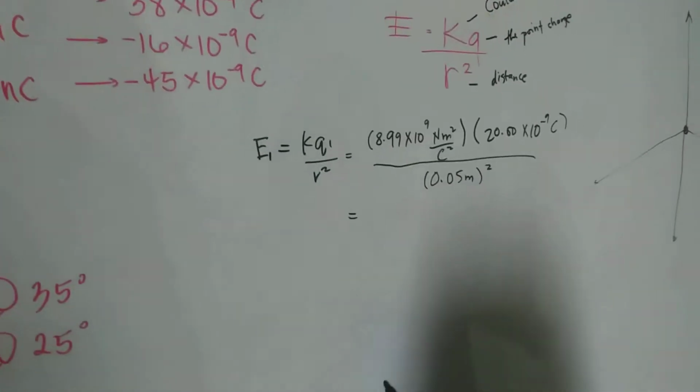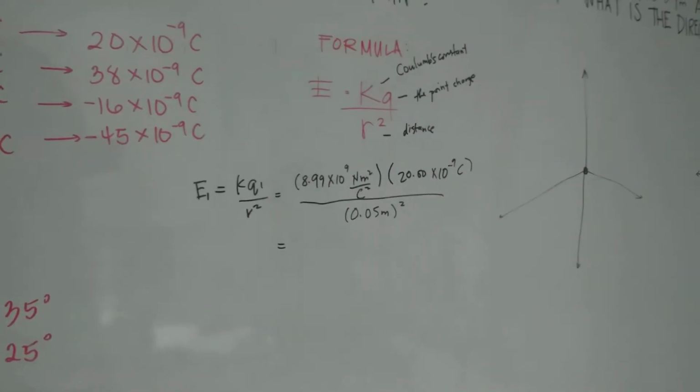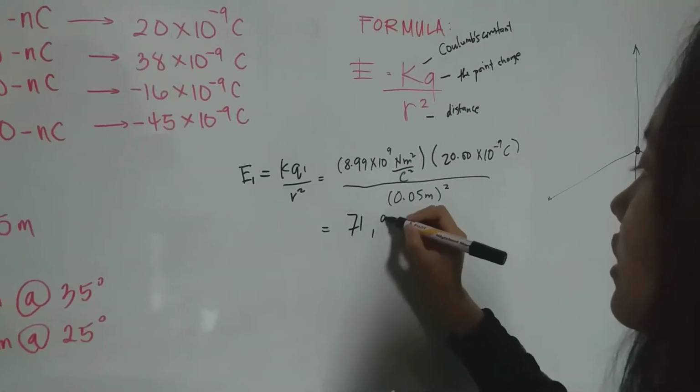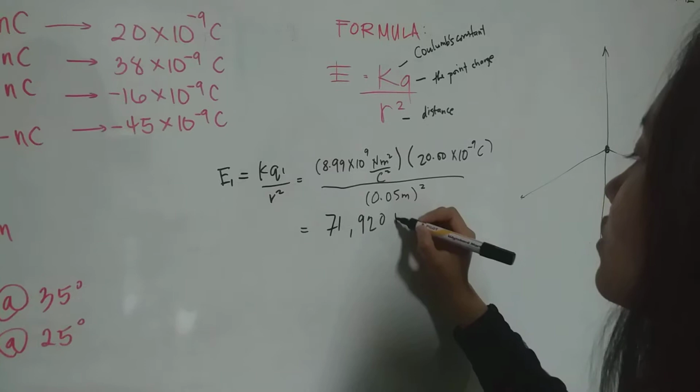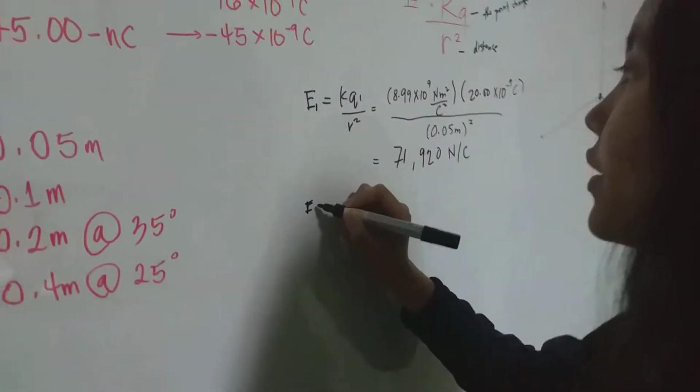The answer for the first point charge is 71,920 newtons per coulomb.